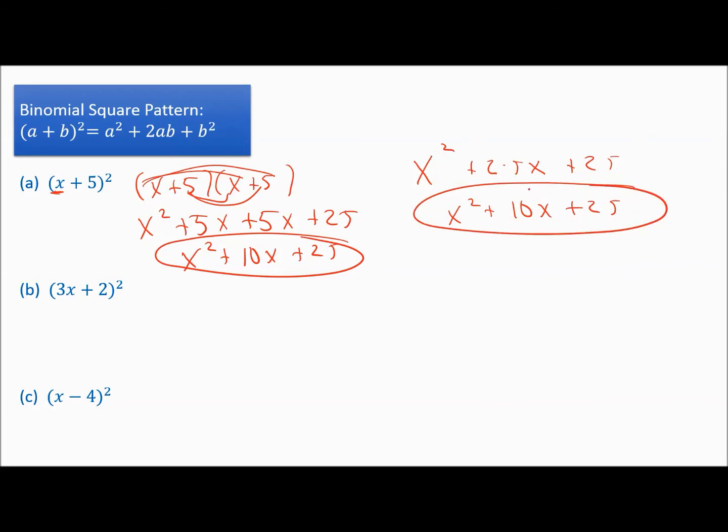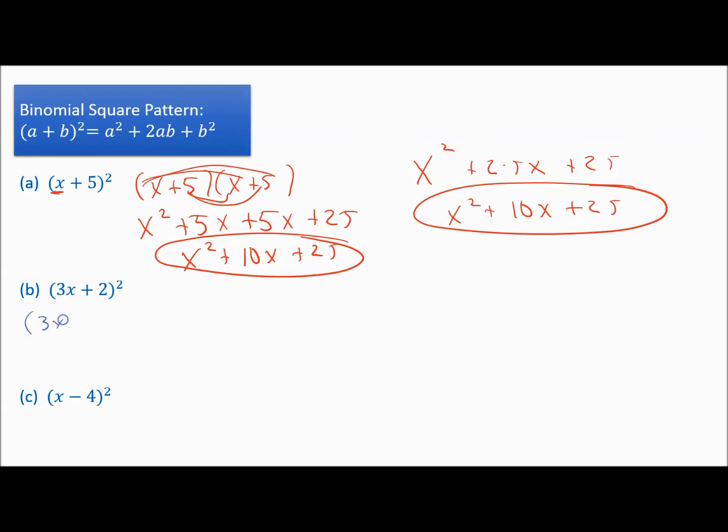You don't have to do it both ways. I just want you to be familiar with this pattern in case it comes up, okay? When we start factoring, this pattern is going to be more important actually than right now when we're just multiplying or expanding. All right, if I look at the next problem, we have 3x plus 2 squared.